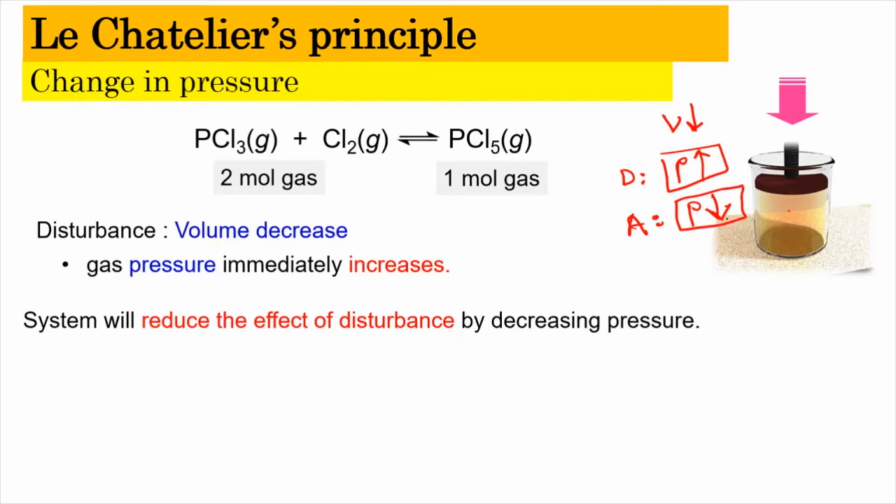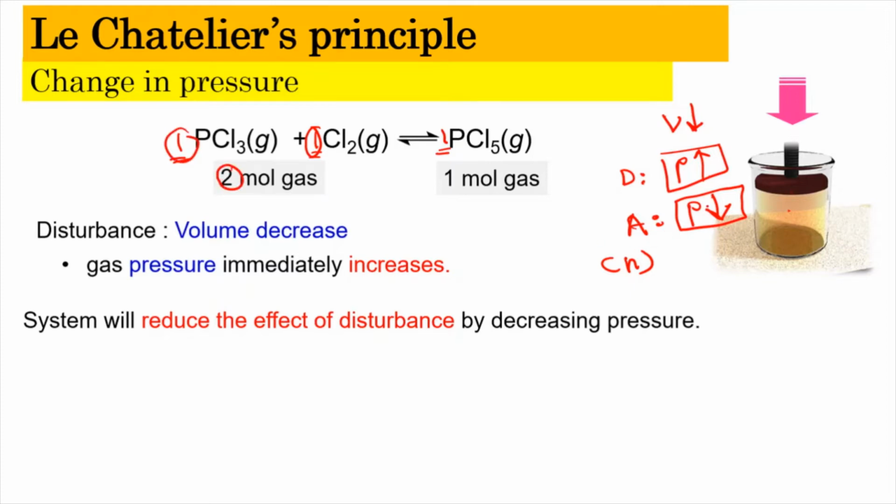So how can we reduce the pressure? The way that we can reduce the pressure is by looking at the number of moles. So in this equation here, we have 1 mole of the product, and on this side, we have 2 moles of the reactant. So 1 plus 1, we're going to have 2.